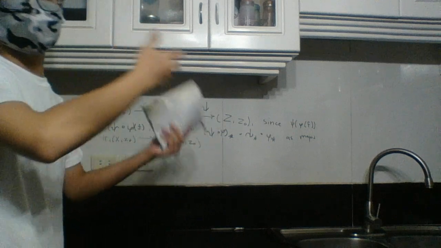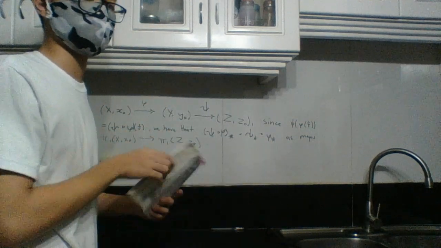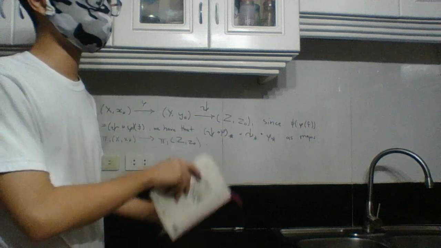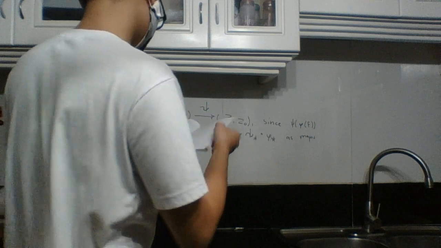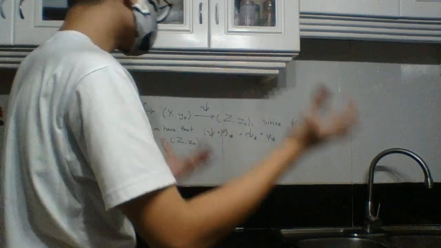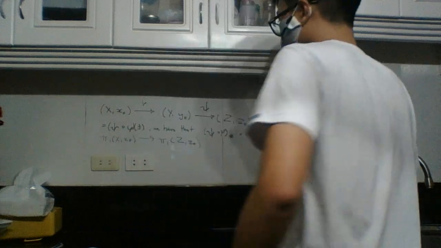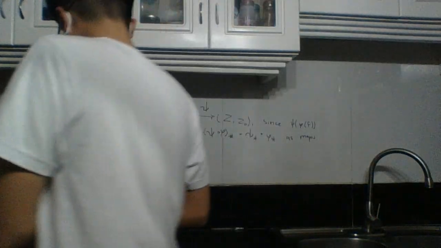The category is just a more general notion of a mathematical structure. So a more general version of a group, of a groupoid, of a magma, of a ring, stuff like that. So it's pretty neat that we have this correlation between category theory and algebraic topology.